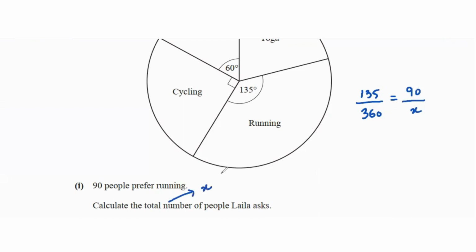X is the total amount of people. So the ratio of the angle is going to equal the ratio of the people. So we cross multiply, x equals 90 times 360 over 135. And that is going to equal 240. So 240 people are the total number of people which Leila is asking.